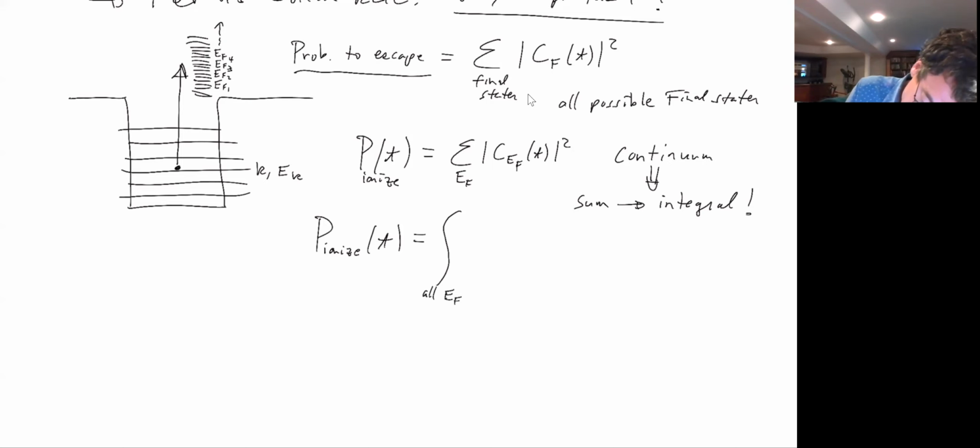But now you have to take this probability to go to a particular final energy. The point is that now there's going to be a number of states, and we have to look at the density of states, because this becomes the density of states.